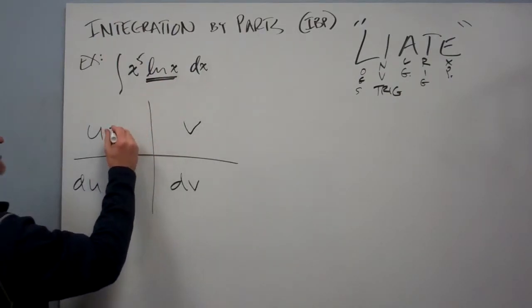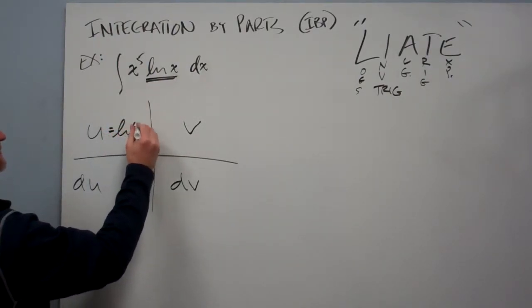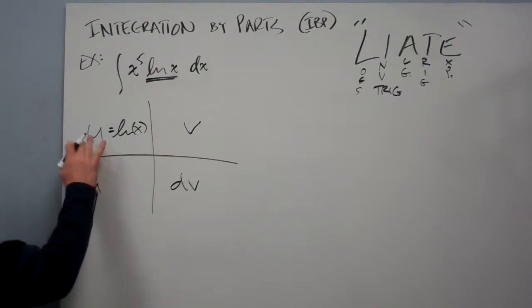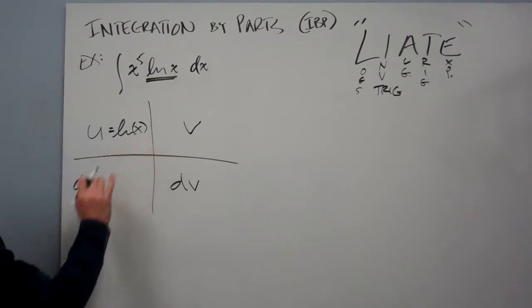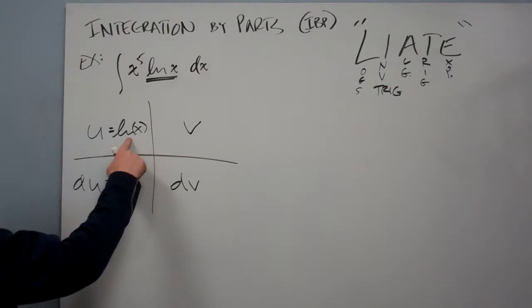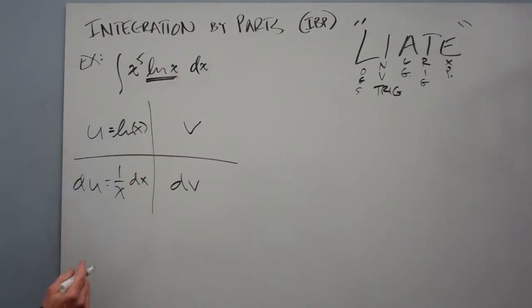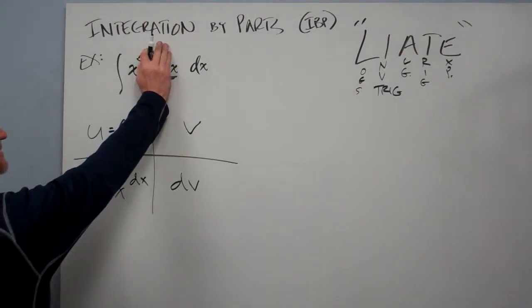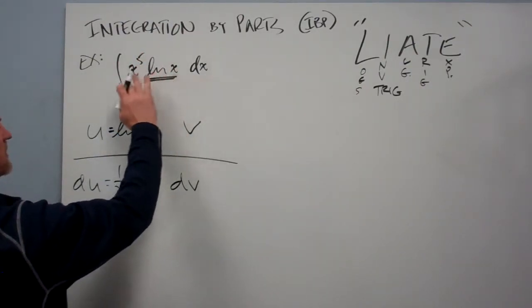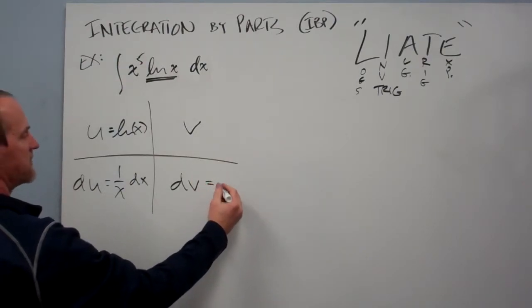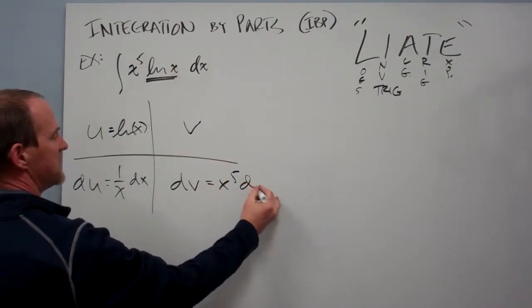So if this is our substitution, ln of x, okay, then we take the derivative with respect to our variable over here. So what is the derivative of this? It's 1 over x dx, okay? Now that means that if I've taken care of this, then I've got this part as my dx. So I've got x to the 5th dx.